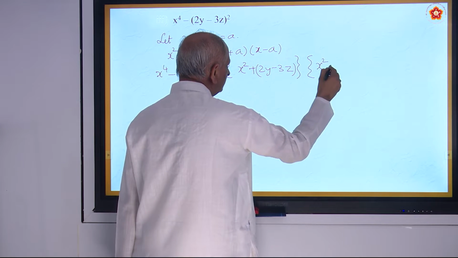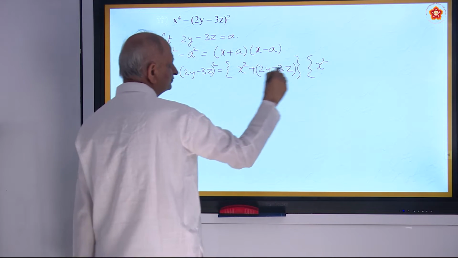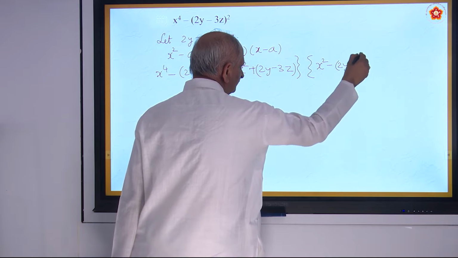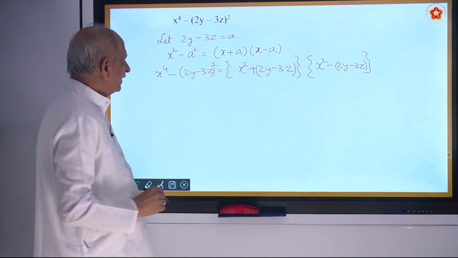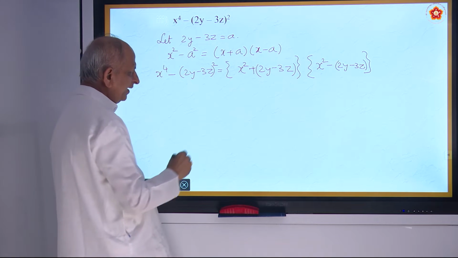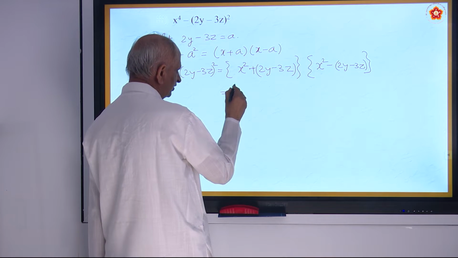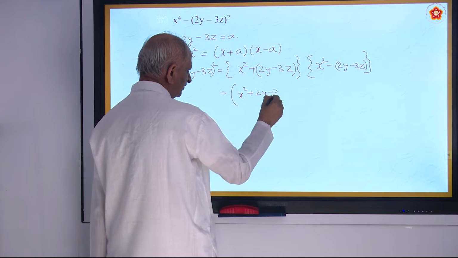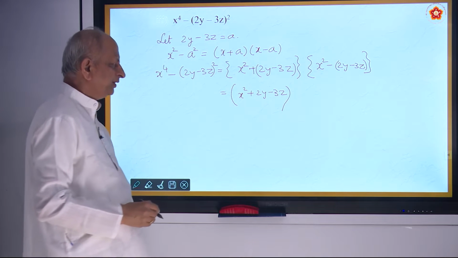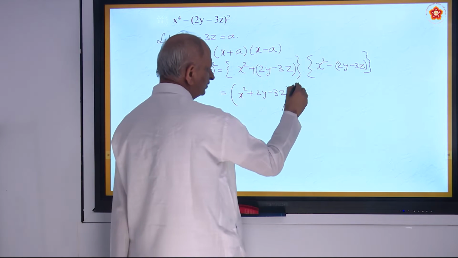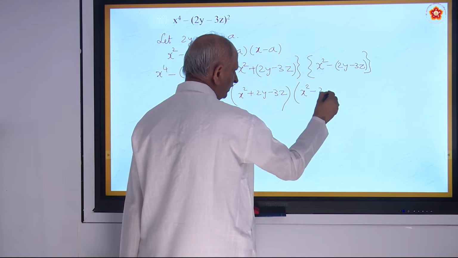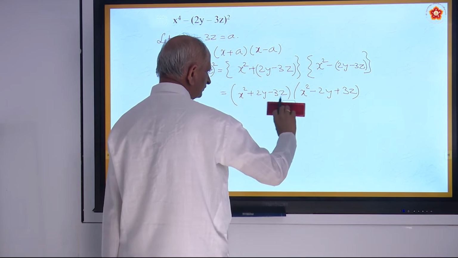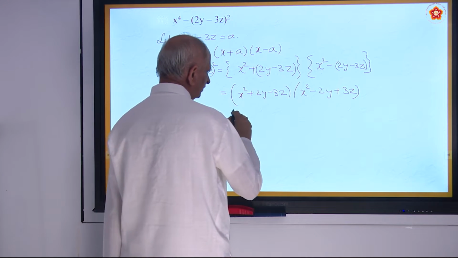X squared minus a, minus of 2y minus 3z. Correct? X minus a. Now come on, remove the bracket. This will be x squared plus 2y minus 3z. First one. Second one, x squared minus 2y plus 3z. That is second one. So that is answer.